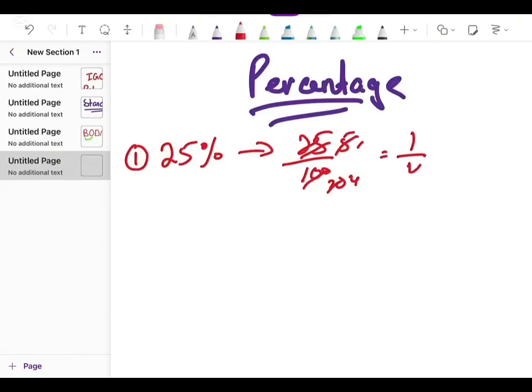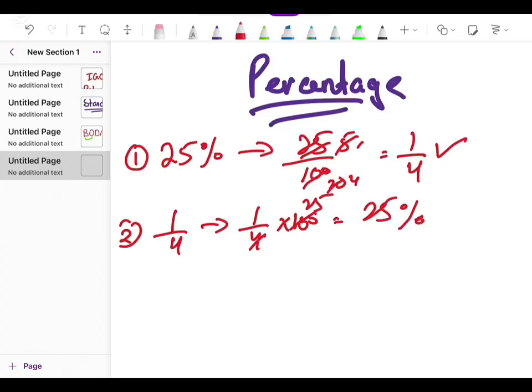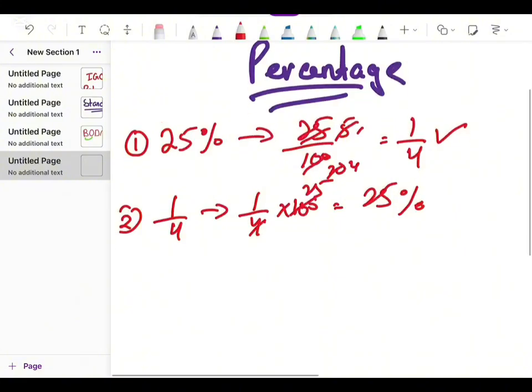So 1 upon 4 is the fraction value of this 25%. For example, if we need to convert fraction into percentage, then what we need to do is multiply by 100. So this will become 4 1s are 4, 25, so the 25%. This is what we have already done, this basic thing in the fraction topic as well.